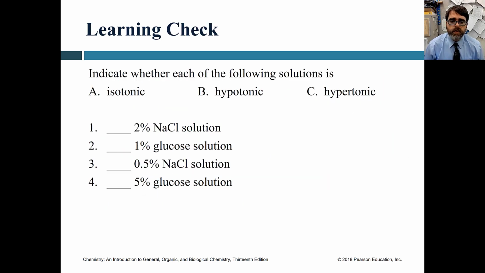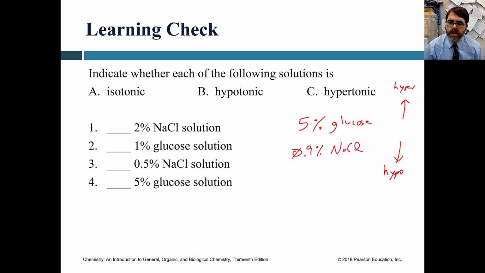Here we have a few practice questions. And for this, we're going to need to recall the 5% glucose and the 0.9% NaCl for these practice questions. But remember, if we're higher than that, we're hyper. We're lower than that, we're hypo. And if we're at that, we are iso.